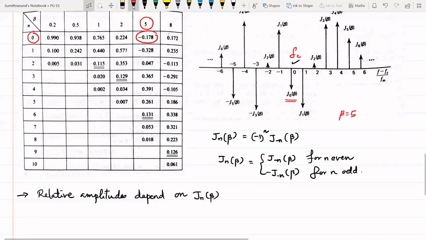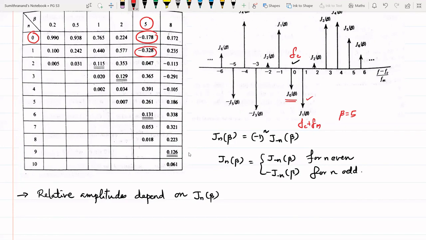Now, here this J1 beta denotes the frequency component Fc plus Fm. Here also, when beta is equal to 5 and n is equal to 1, the value is minus 0.32. That is, this Fc plus Fm is plotted downward.